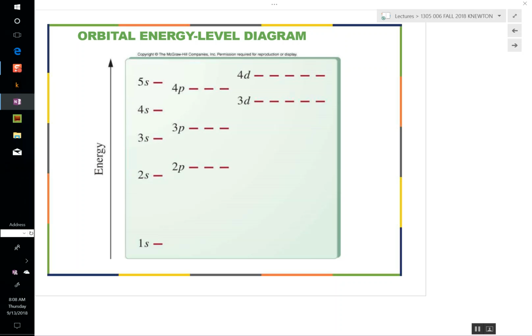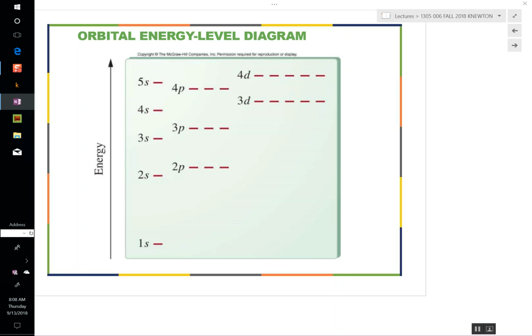We're going from low energy to higher energy. So we're not going to worry about the actual number. But just know that this is lower than this, which is lower energy than this, which is lower energy than this. And then when we get past 3p, it starts getting a little tricky.